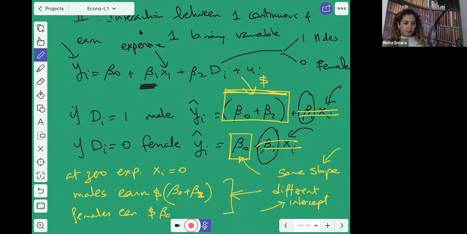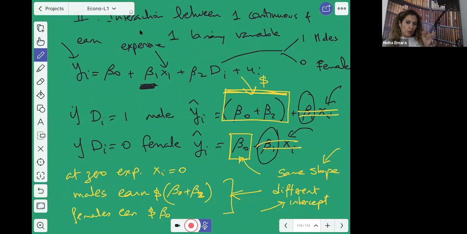Okay, now what if I want a model that would show me something more realistic? I want a model that shows that an additional year of experience implies a different amount of earning depending on the gender type.